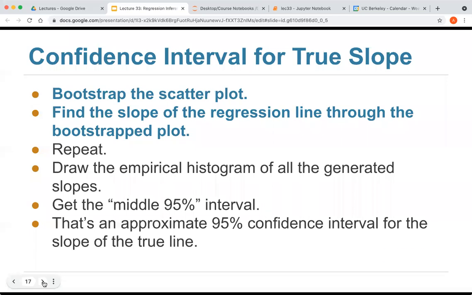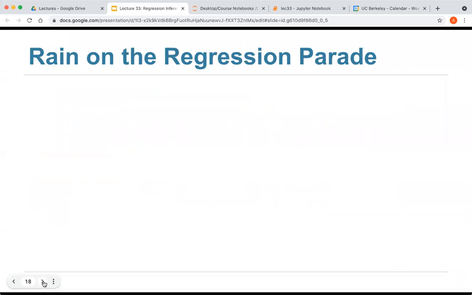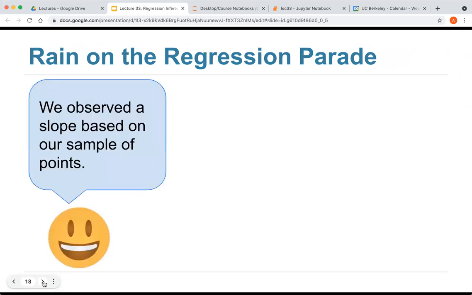Okay, except, that's what we just did, except along comes the statistician. And so you're all very happy. You got a slope based on your sample of points. And now I start to bother you.